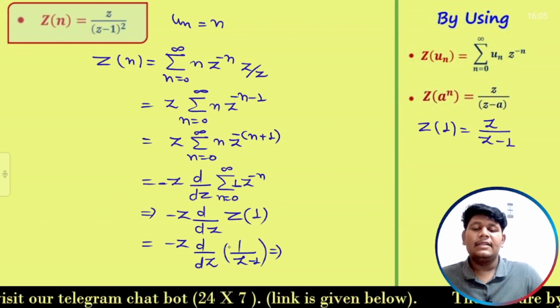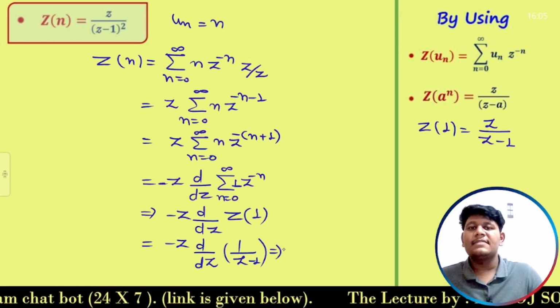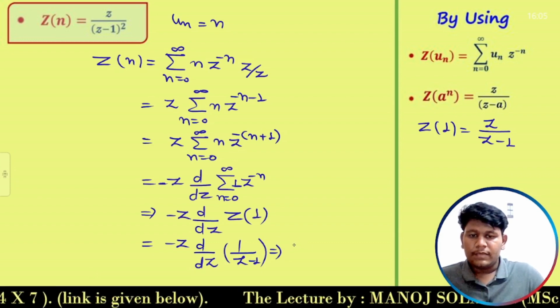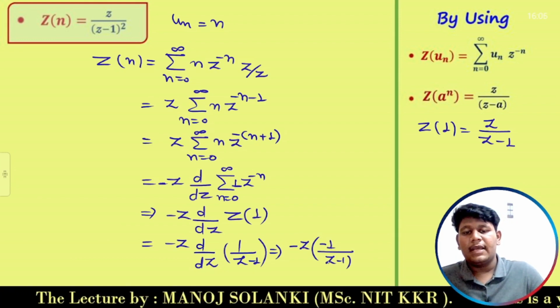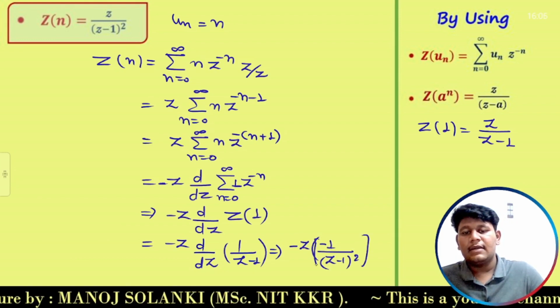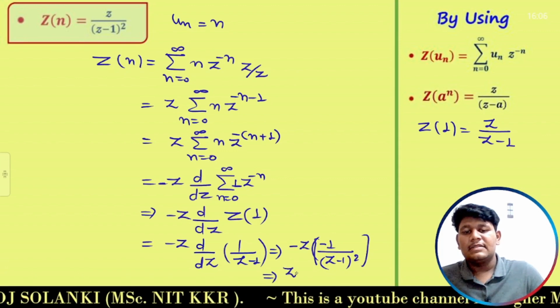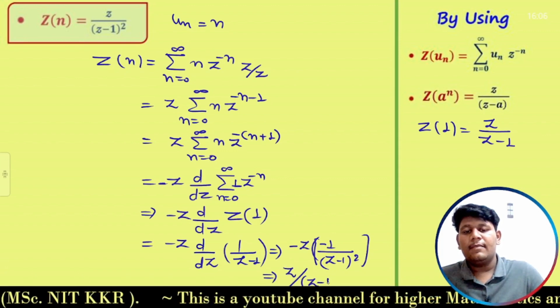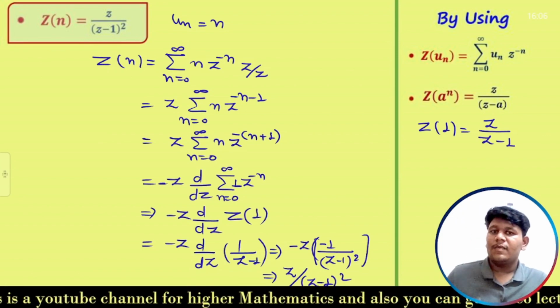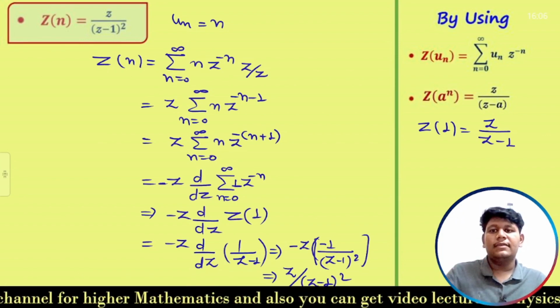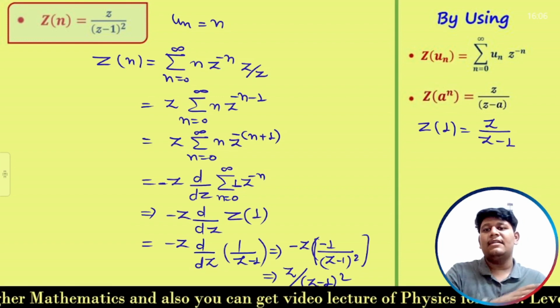The differentiation of 1 upon x is minus 1 upon x square. So basically minus z times minus 1 upon z minus 1 whole square, so this is z upon z minus 1 whole square.